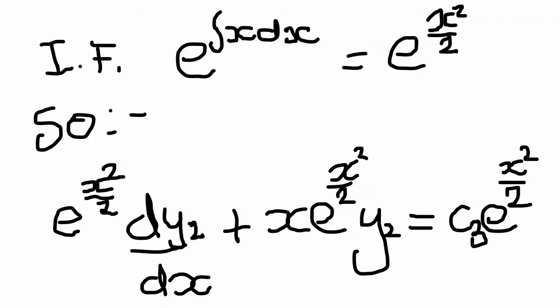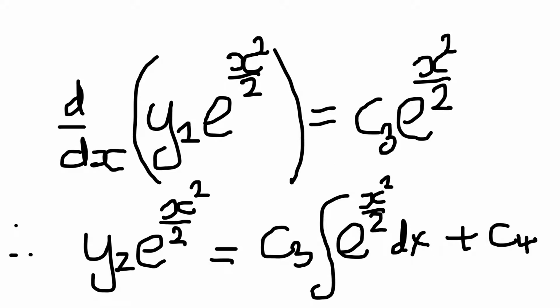Now, the left-hand side is very easy to solve, and so you collect the terms together within the derivative part of the expression. So you get d/dx of (y2 e to the x squared over 2), which is equal to c3 e to the x squared over 2.